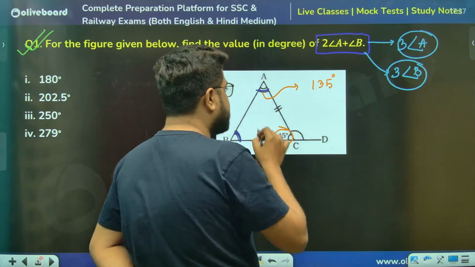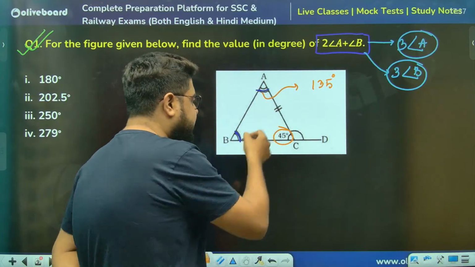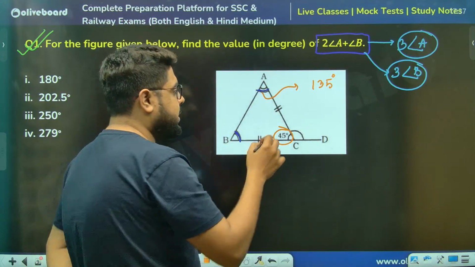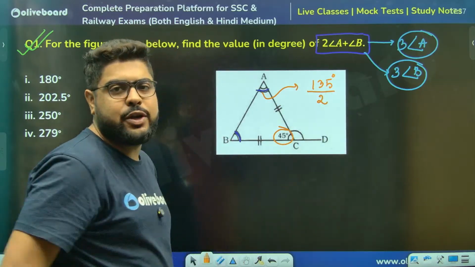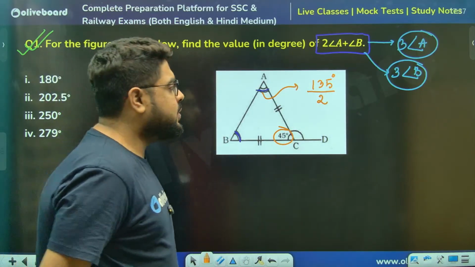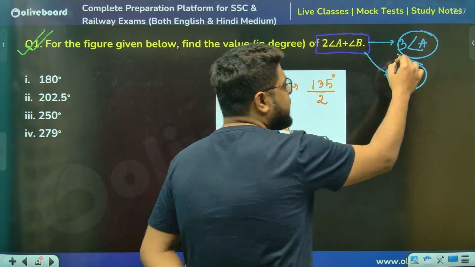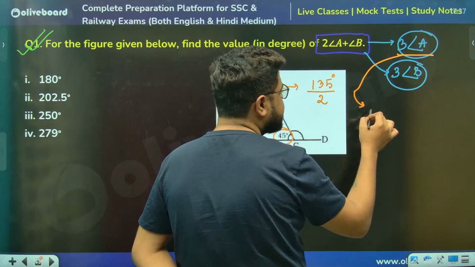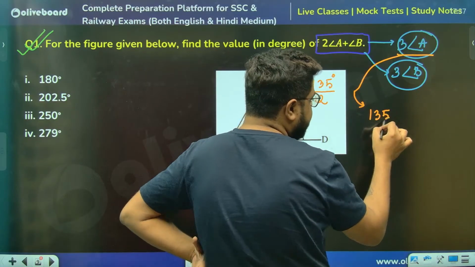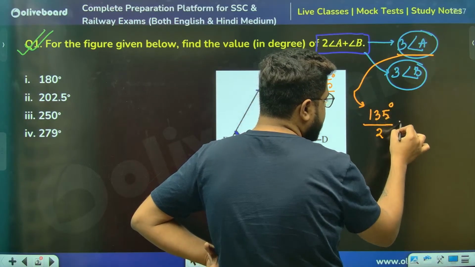Right? So these two are equal, meaning each of them will be half and half. So this angle will be 135 by 2, and this angle will be 135 by 2. Done. Now this is one angle, but I need thrice of this. So the answer will be 135 by 2 times 3.